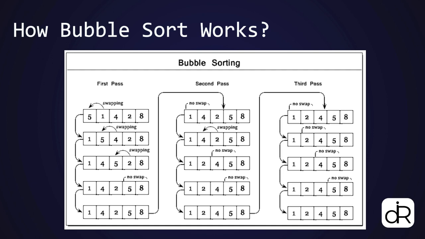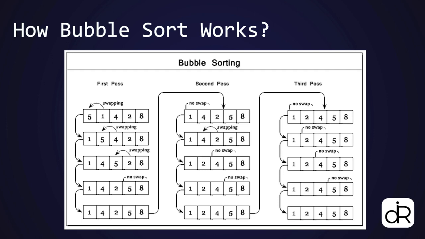Then we're going to compare the third position with the second position, comparing 4 with the 5. 4 is smaller than 5, so we swap again using the swap function. In the third table of the first pass, we get 1, 4, 5. Then we compare 2 with the previous element, 5, and 2 is smaller than 5, so we need to swap again.